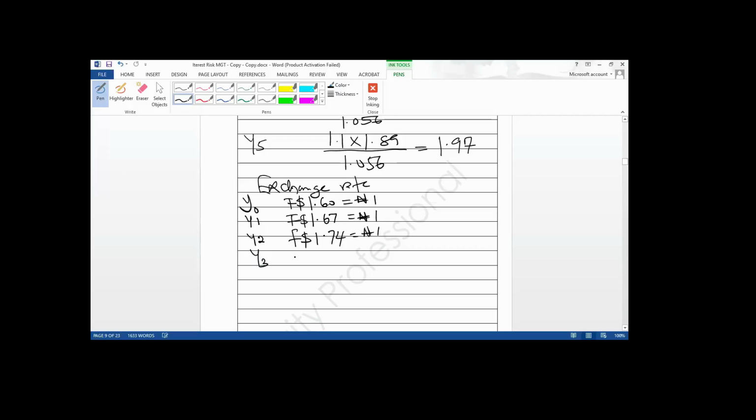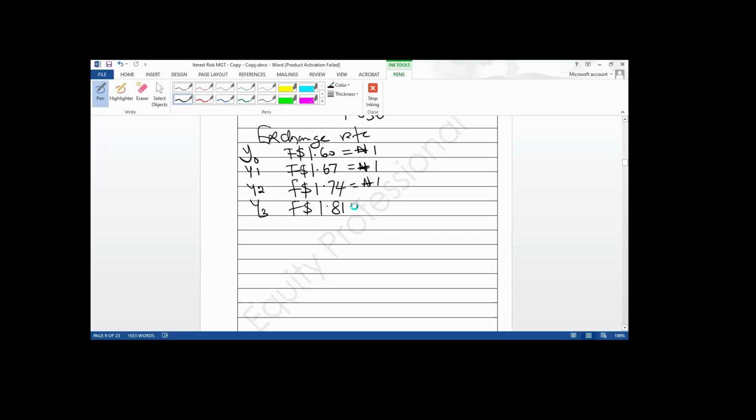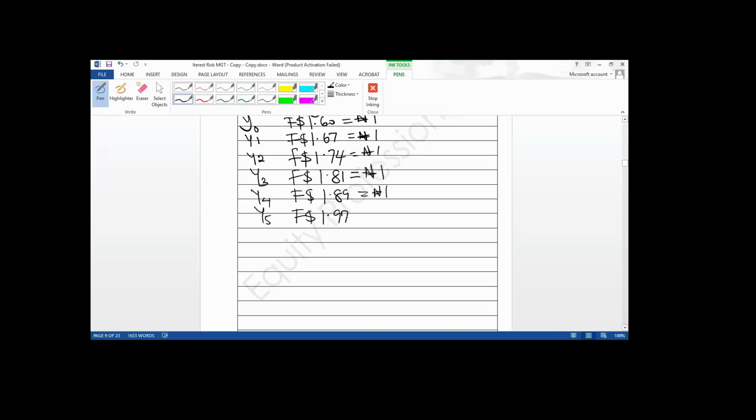Year 3, F dollar 1.81 to 1 naira. For year 4, F dollar 1.89 to 1 naira. Then year 5, F dollar 1.97. That is the summary of what we have calculated.